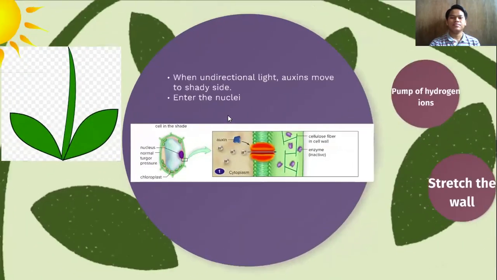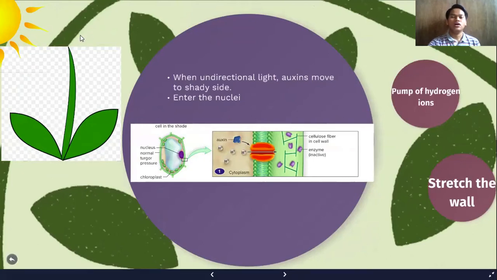Basically, when there is unidirectional light, auxin moves to the shady side, then the auxin enters the nuclei. If the direction of the sun is from here, the shady side is here. So auxin will move to this part and enter the nuclei.